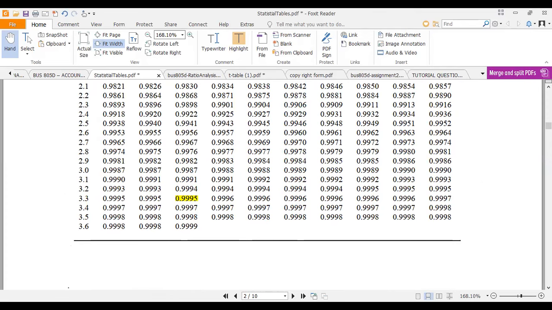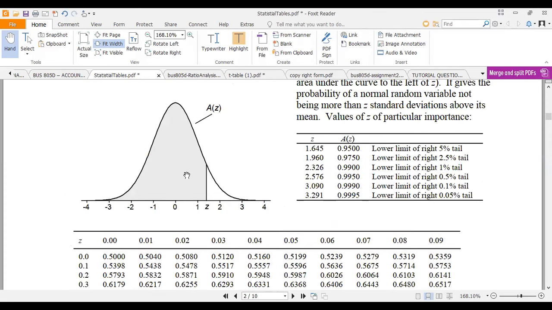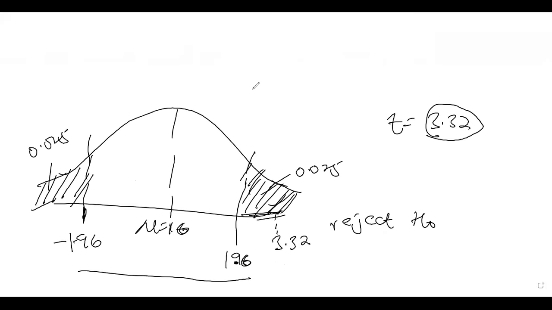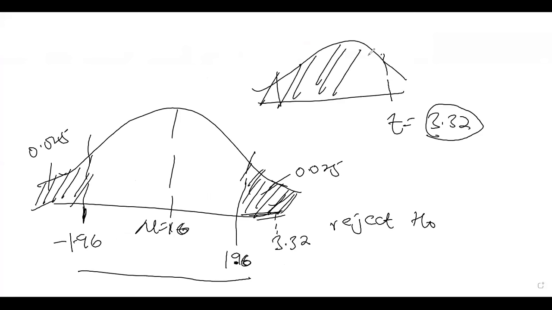And for this z table, there are several types. This z table means the shaded region, all this place from the z table is 0.9995.